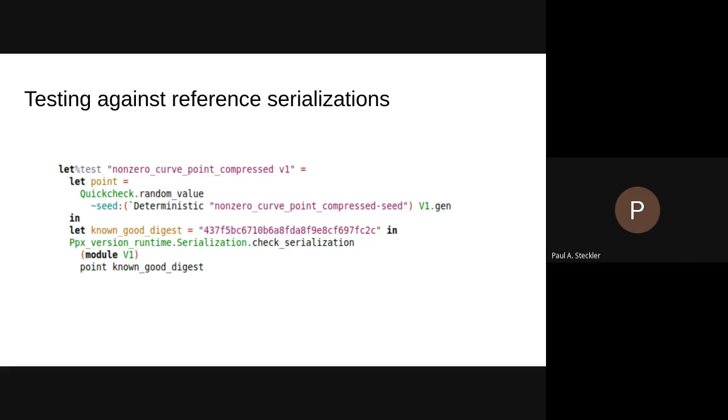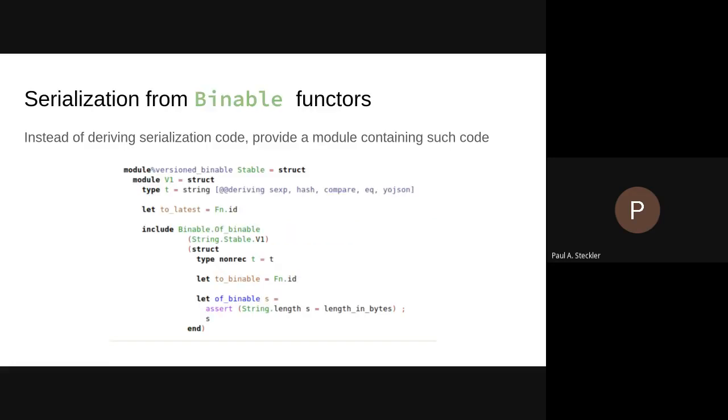So check serialization will serialize this value using the bin_io code in module V1, and it will create a new digest and compare it against this reference digest. And if they differ, there's an error. So this is using the PPX inline test framework from Jane Street also.